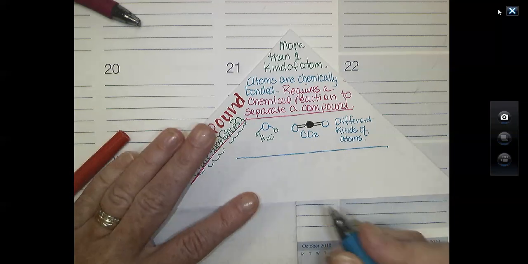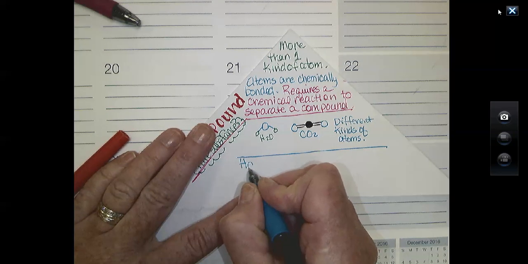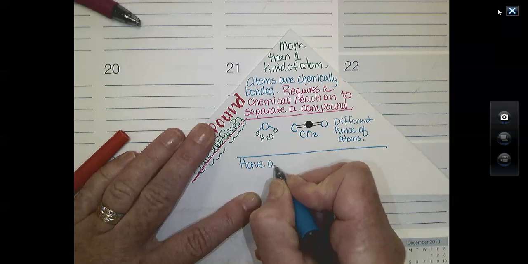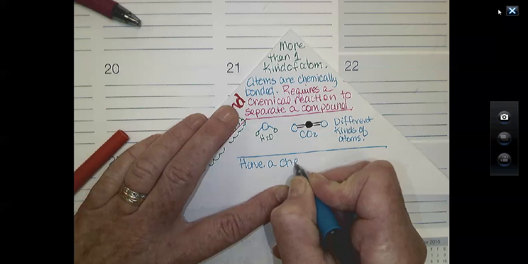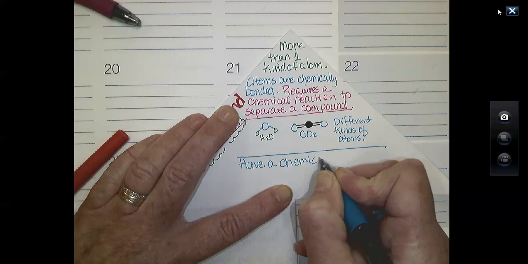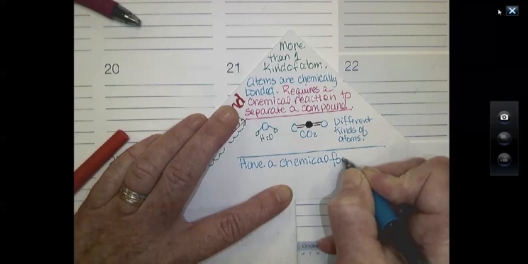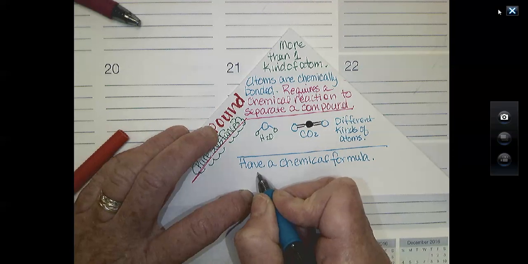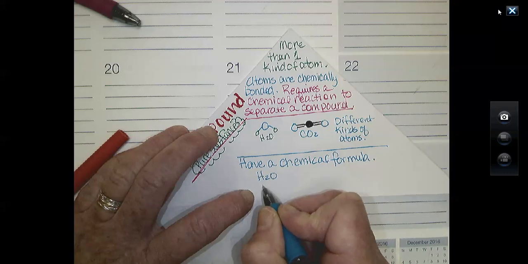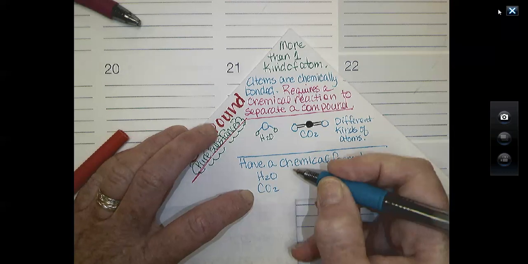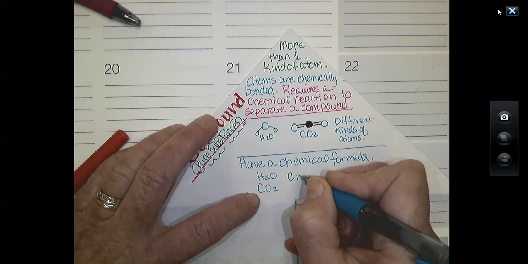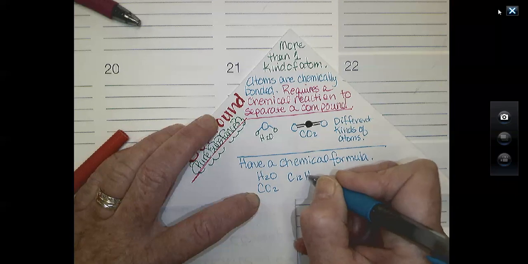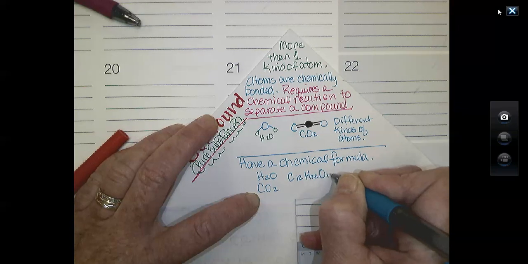Something else about a compound is that they will have a chemical formula. Okay, so H2O, CO2, C12H22O11.